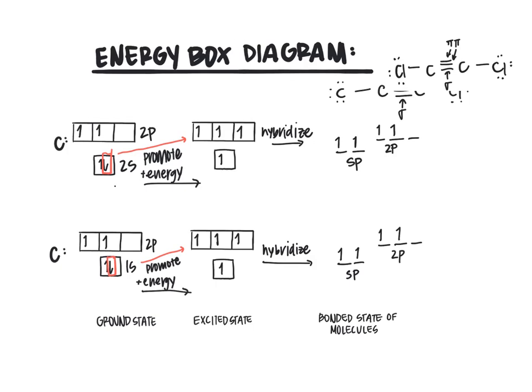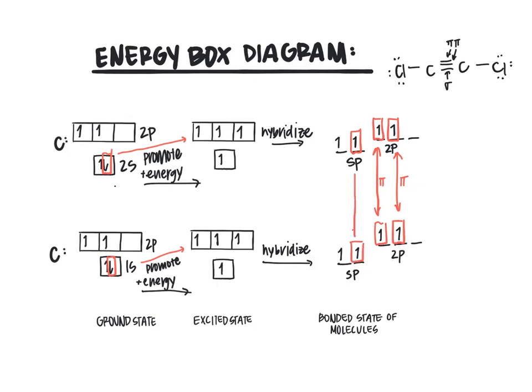So the 2 pi bonds are going to be the bonds between the carbons, between the electrons on the 2p orbitals of the carbons. This creates the pi bonds. And then the sigma bond between the carbons is going to be the electrons from the sp orbitals of both carbons.